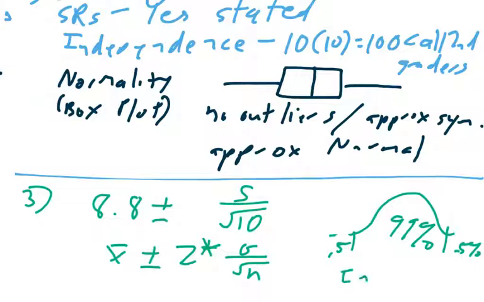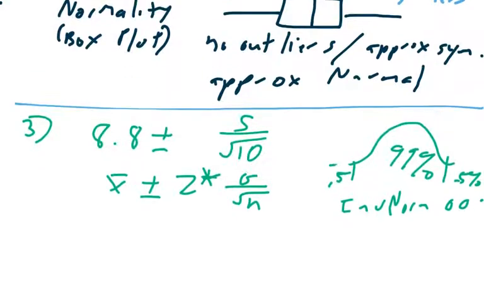So I'm going to do inverse norm of 0.005, and we'll find out what the z star is. And it turns out to be 2.576. Of course, I didn't write down the 5. So we got 2.576.